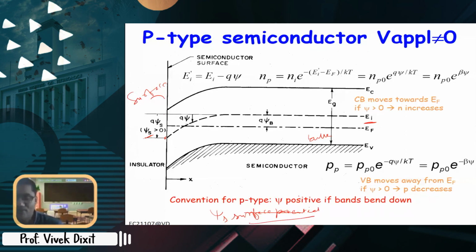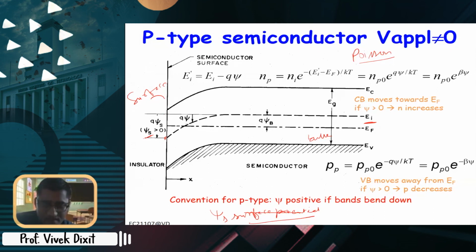Now, of course, you can try to solve the Poisson equation. So I give you homework now. Try to solve the Poisson equation here. You can take the help of your textbook to solve for the surface potential, and surface potential is of course related to the field here.